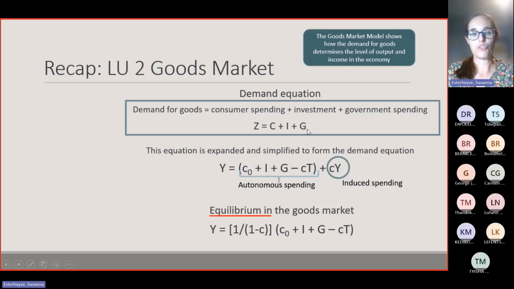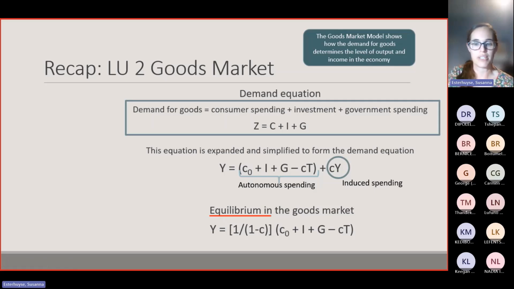And then we moved on to expand this equation, where you broke all these components down into the smaller parts that made them up. And we were able to simplify the demand equation so that it consists of autonomous spending and your induced spending. And then we moved forward even further, and we went to calculate the equilibrium in the goods market.